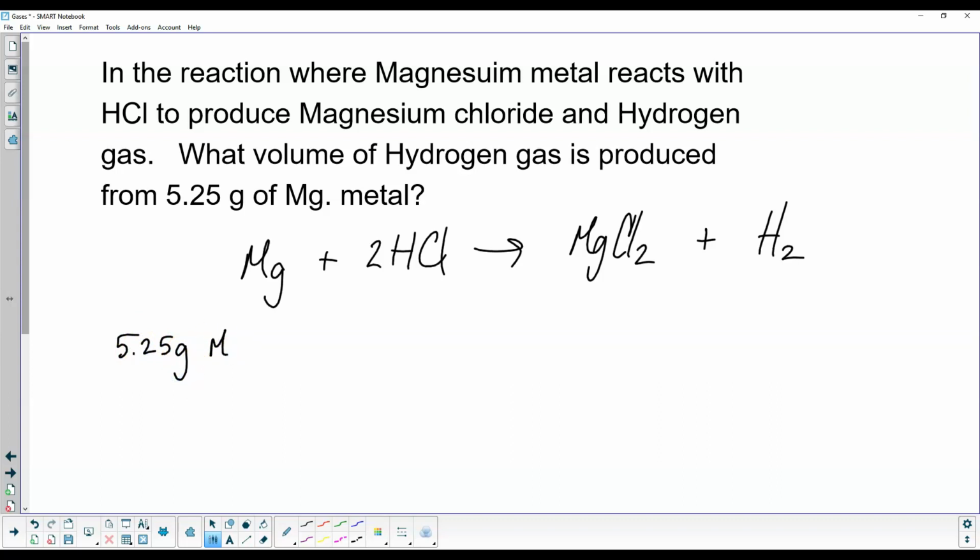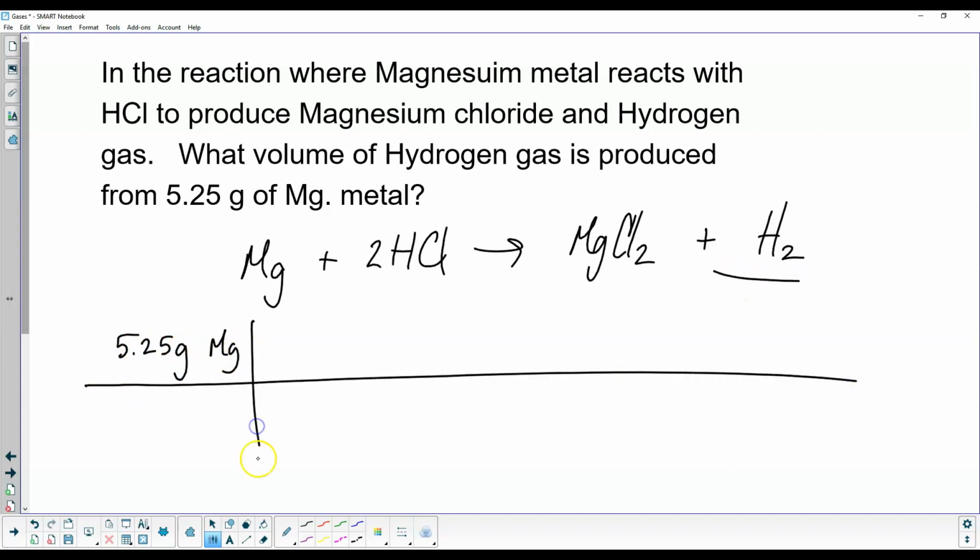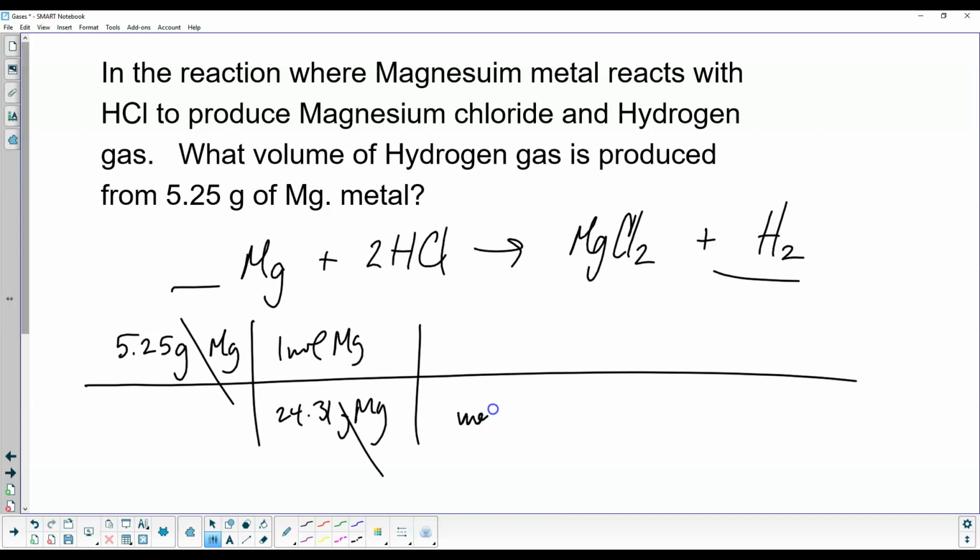5.25 grams of magnesium, and I'm trying to find the volume of hydrogen, so I need to make this into moles. 1 mole of magnesium is 24.31 grams of magnesium. Grams cancel, I now know moles. Now that I know moles, I can do my mole ratio. For every 1 there is 1, so that's easy enough. 1 mole of magnesium will give me 1 mole of hydrogen gas. Moles cancel. Now I need to know its molar volume.